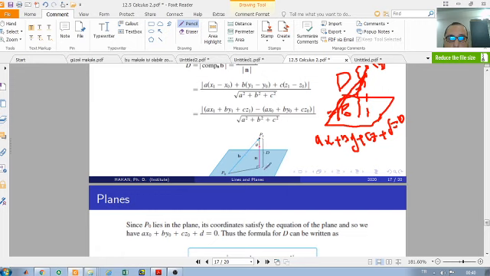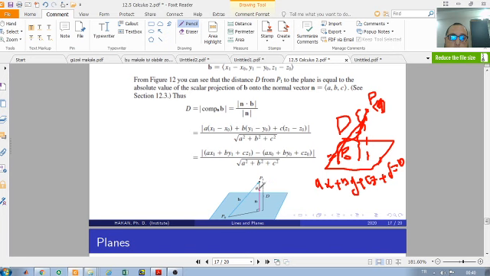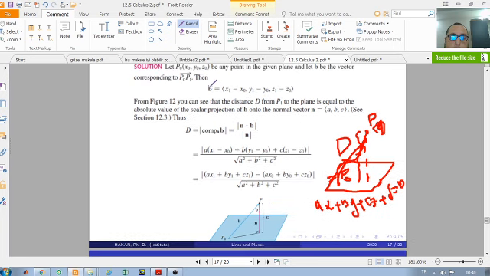Our aim is to find the distance between the point and plane, and we form a vector by using the points P0 and P1, and we know the normal vector n of the plane, which has the components a, b, and c. And from here we obtain the components of the vector b, x1 minus x0, and so on, by taking the difference of the points.